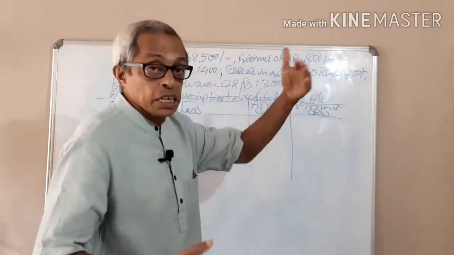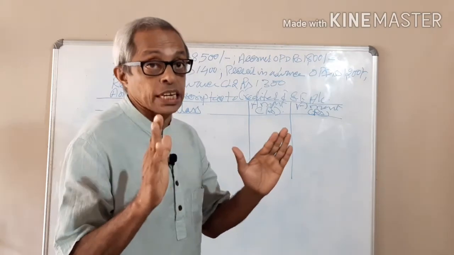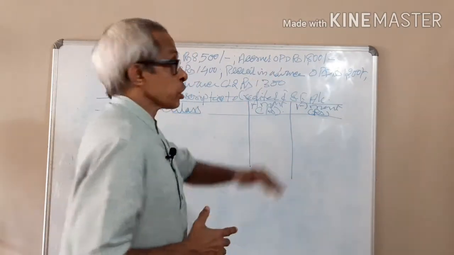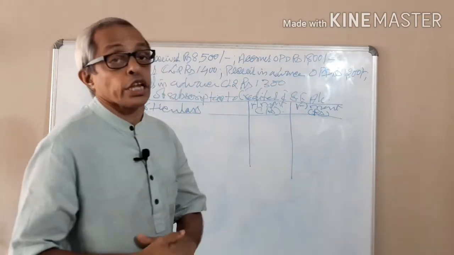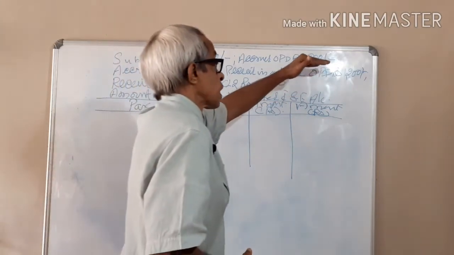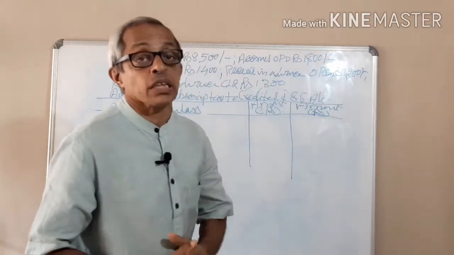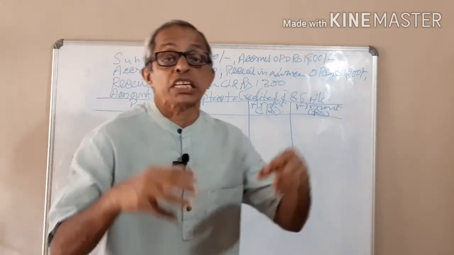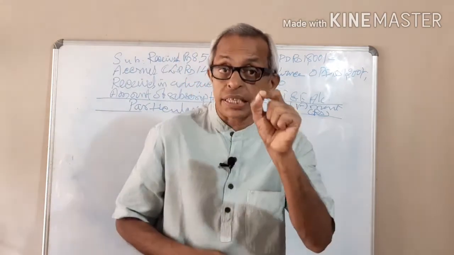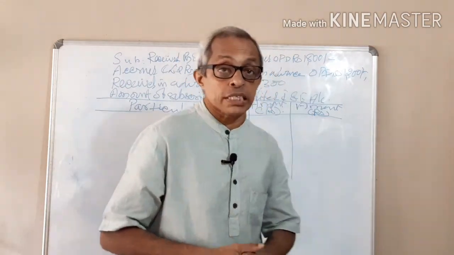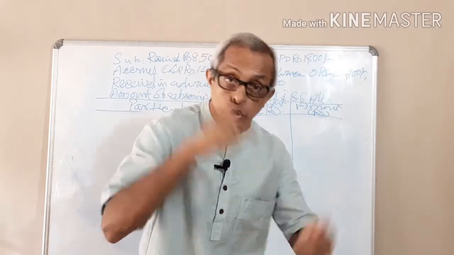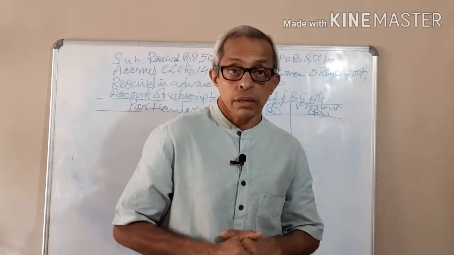That amount has been received, it is assumed, because nothing has been stated about this. The total amount accrued on the opening date is received, that is 1,800 rupees has been received. But this 1,800 rupees does not belong to current year.